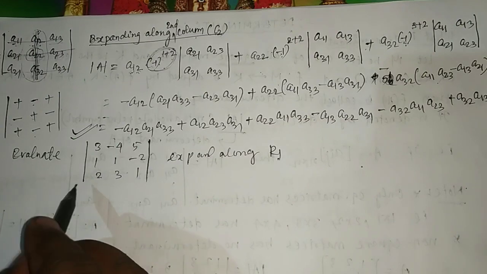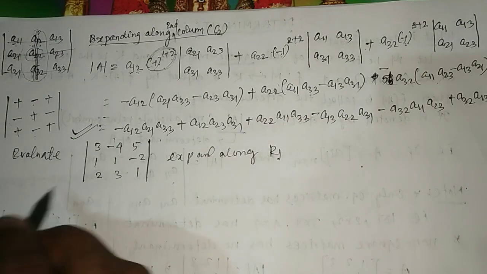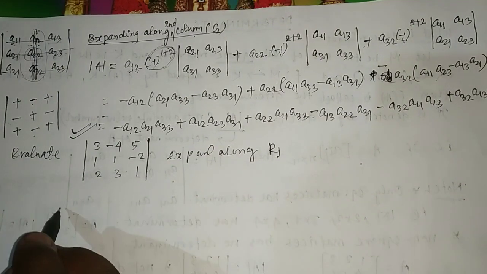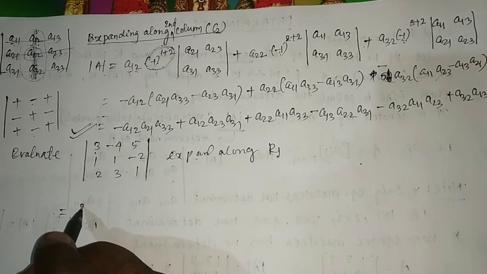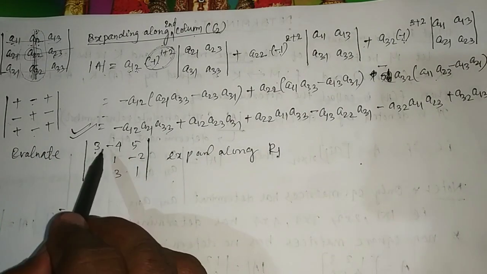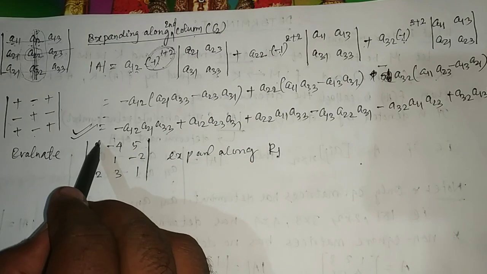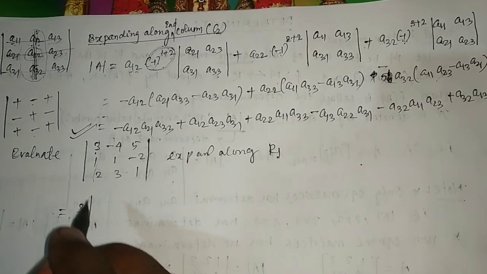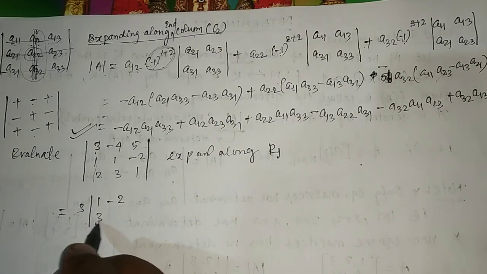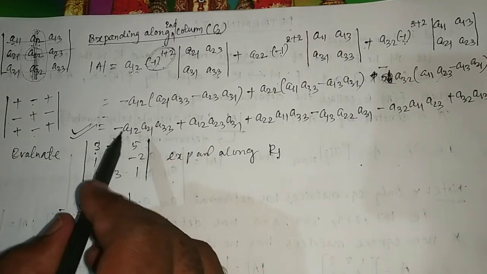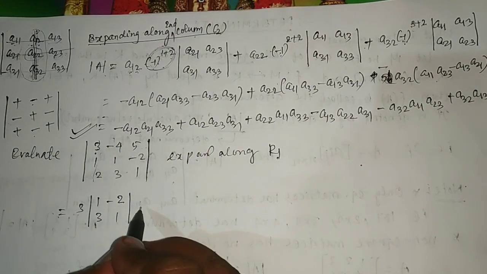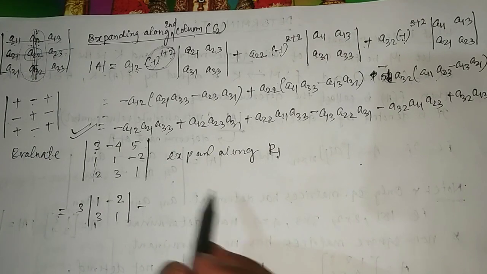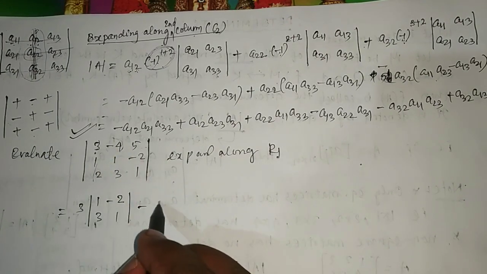So look here, the determinant can be evaluated by 3 times, by eliminating the first row and first column, we get the remaining elements 1, minus 2, 3, 1. So directly put minus here, and what is the element here?